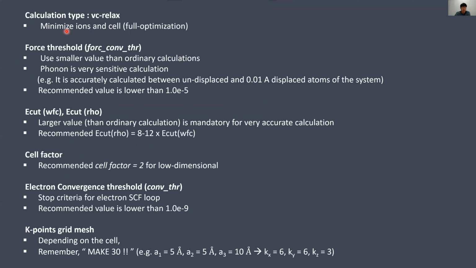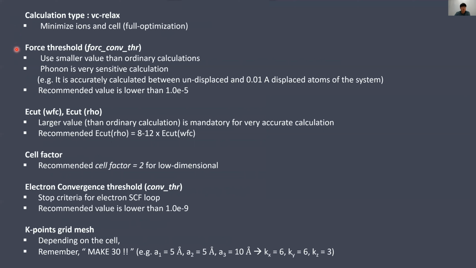So when you start the phonon calculation, you start from the relax or VC relax. But I recommend VC relax. But VC relax is not a 100% guarantee that your structure is the ground state. So in some cases you should manually calculate by using the lattice constant or relative positions.